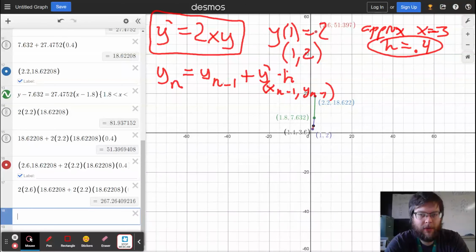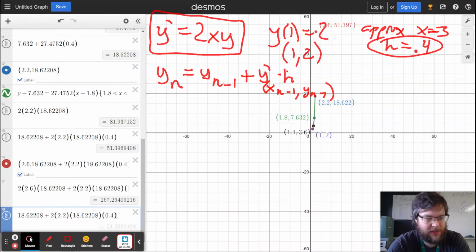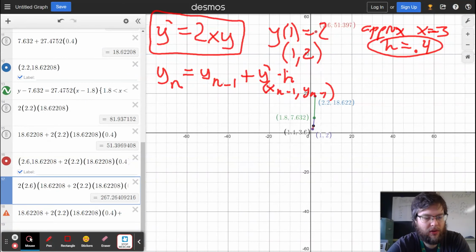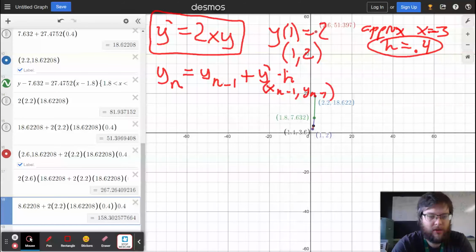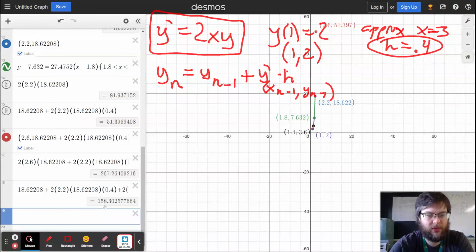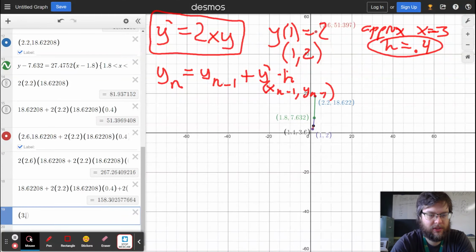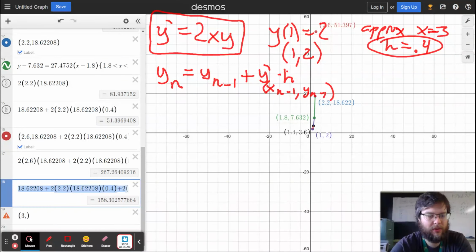And that means my new y value is my old y value that I just copied and pasted, 51, plus all of this is my new slope times 0.4. So my last y value that I get a prediction of is 158. And so that's when x equals 3, y is equal to.